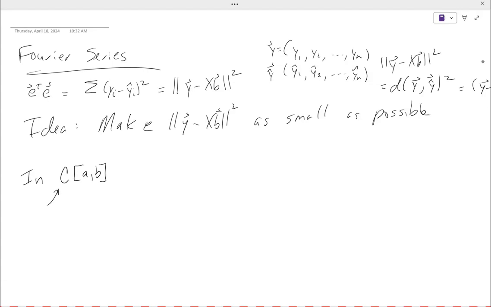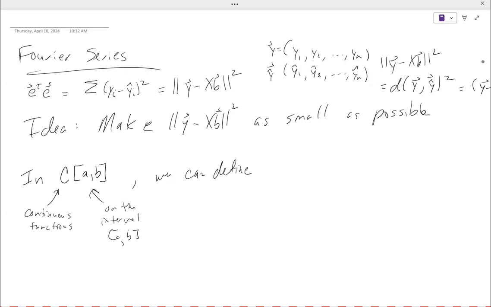This C stands for continuous functions, and this is just on the interval AB. I just want to make sure that we're all on the same page of what I mean by that notation. All right. So in the set of all continuous functions on the interval from A to B, we can define a dot product.